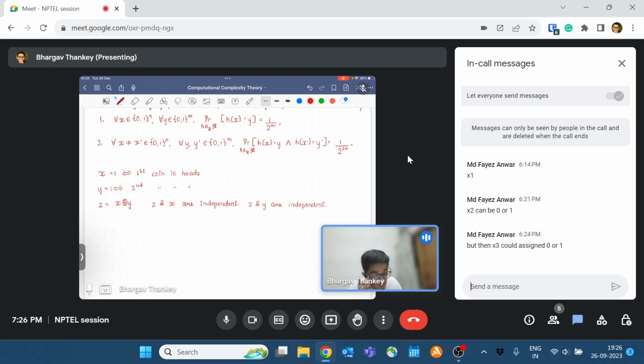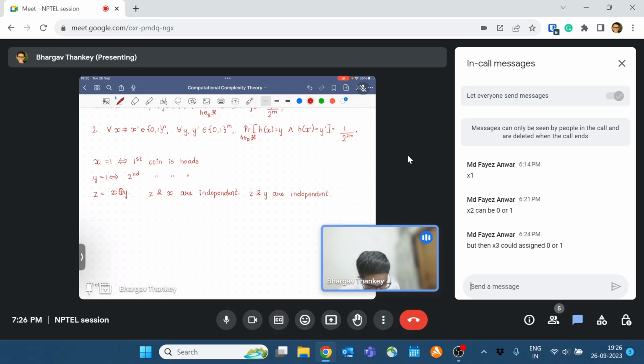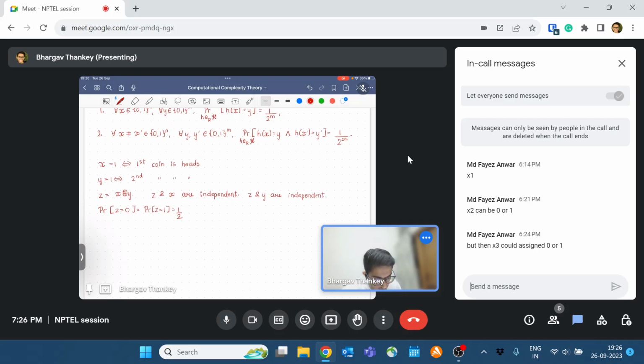Let me quickly prove this first thing. What is the probability of Z equals 0? If you look at the truth table of XOR, exactly two entries are zero and two entries are one. So this is half, right?